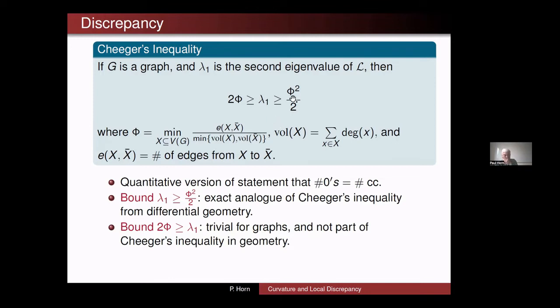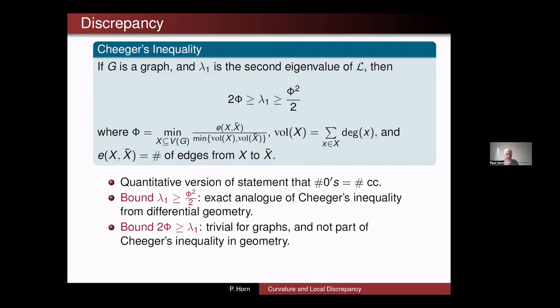And the isoperimetric constant, this phi, is defined to be a measure of the volume of a piece you cut off compared with the area of the boundary. And you really get the same behavior.